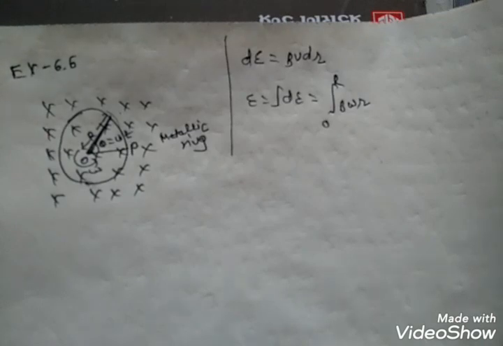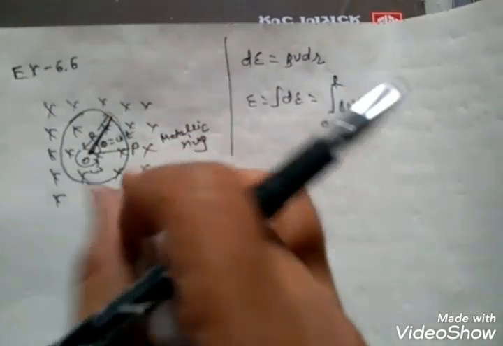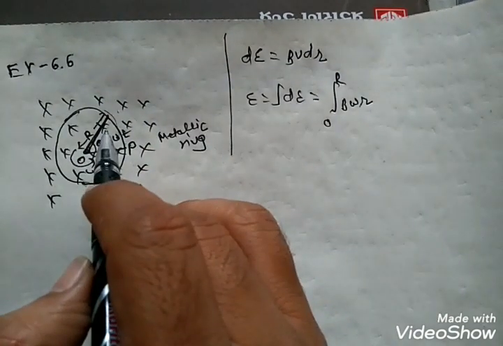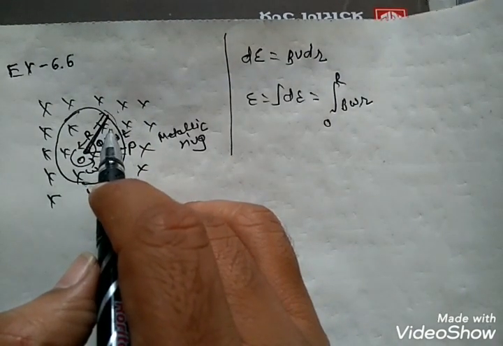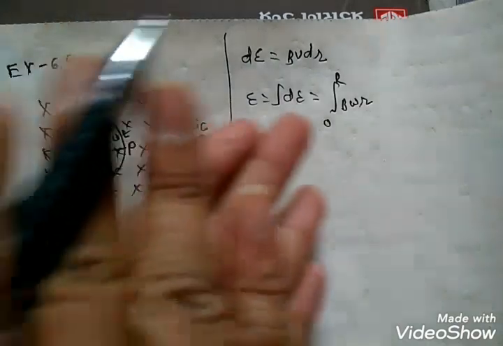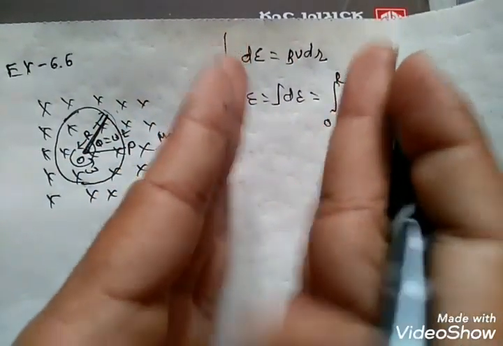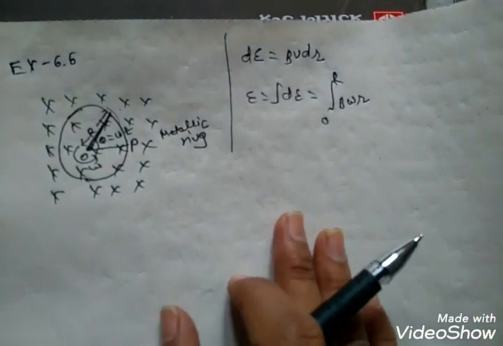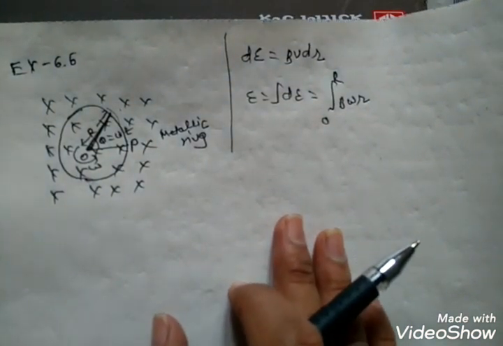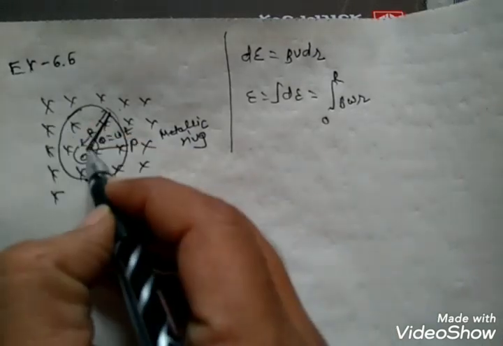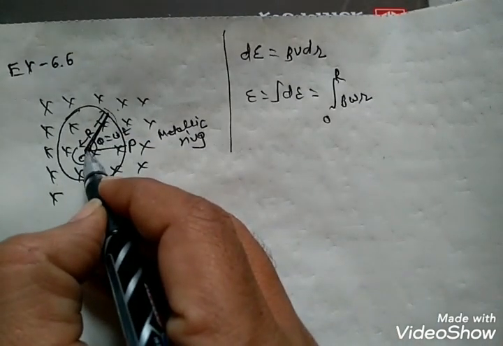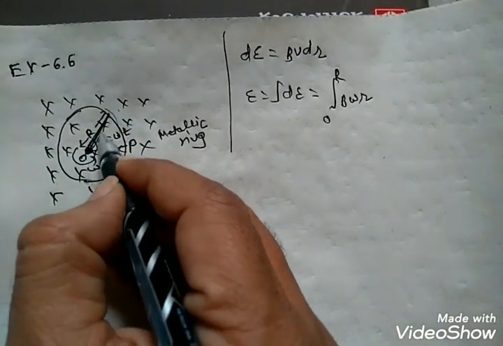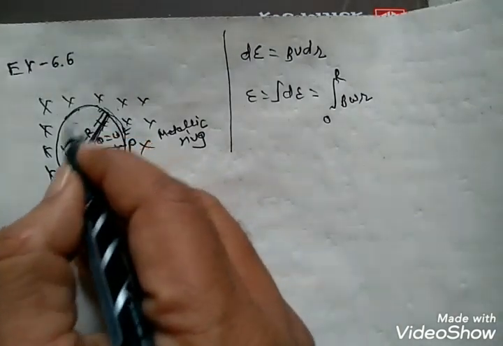A constant and uniform magnetic field of 1 Tesla, parallel to the axis, is present everywhere. What is the EMF produced between the center and the metallic ring?